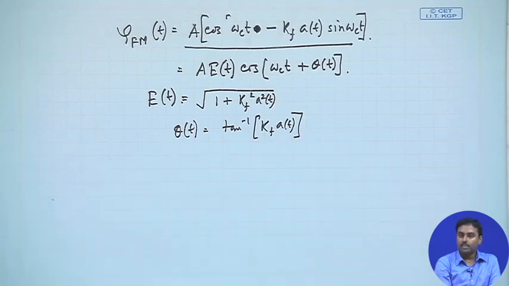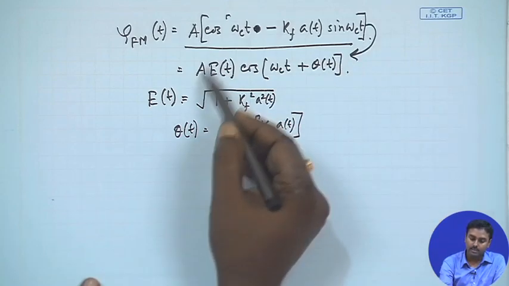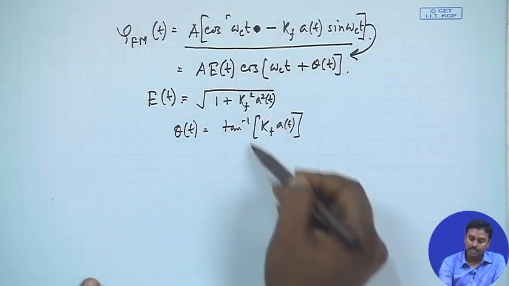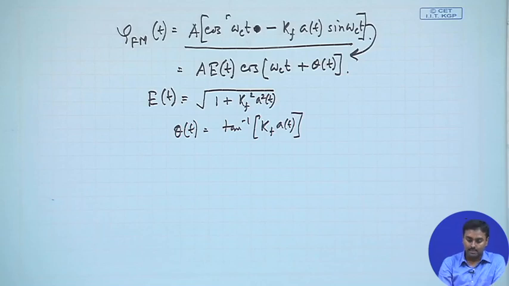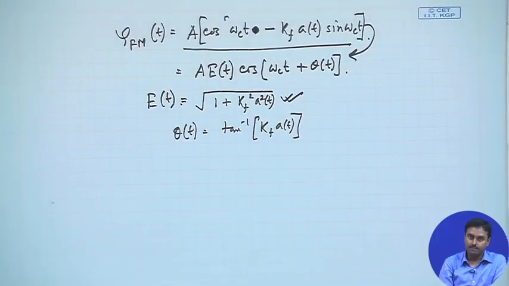So, this particular representation we already know. From here to here, if we wish to represent, immediately E(t) and theta(t) can be represented as this. In FM, what we expected was something like A cos of some phase variation, so the amplitude remains the same, whereas in the narrowband FM there is a variation of the amplitude with respect to t. This is what we are getting.